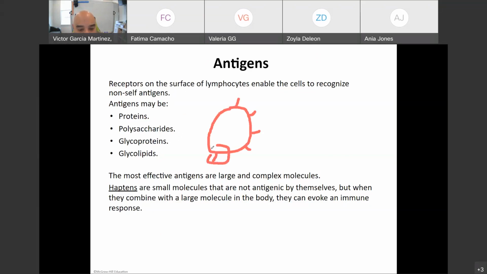This piece of specific material is enough to wake up our immune system. You don't need the whole bacteria to activate our immune system. That piece of molecule is going to be called an antigen.